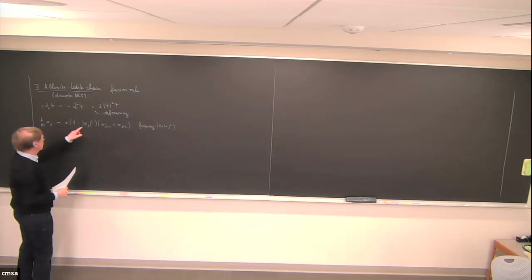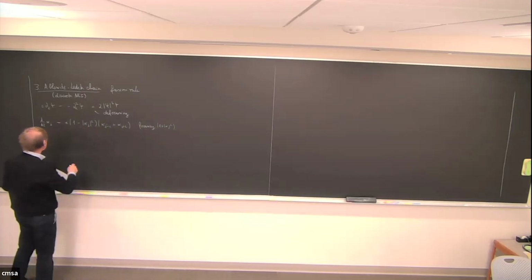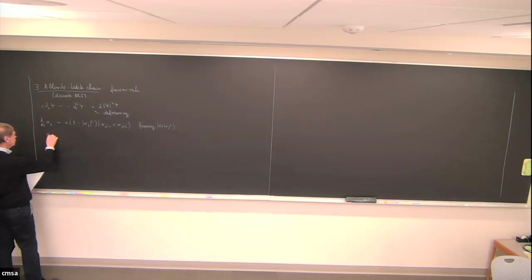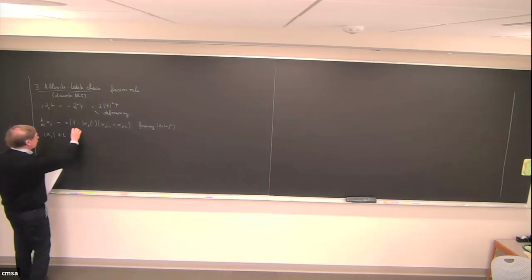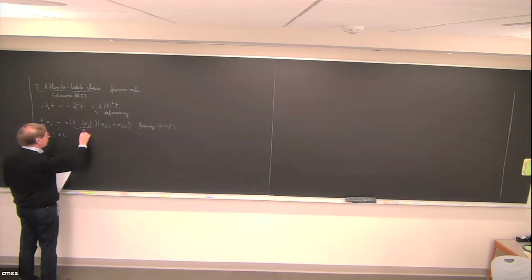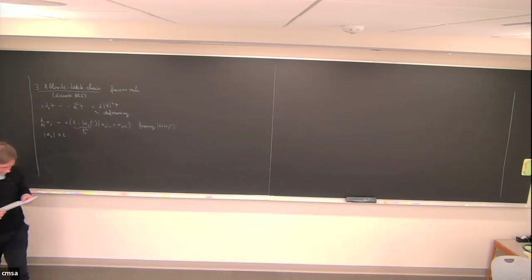Because you have the 1 minus over here, you require these variables, which are complex objects, to have modulus less than or equal to 1. Otherwise, the equations of motion don't make much sense. So this is the setup. This object appears very often, and it is usually denoted by rho j squared.